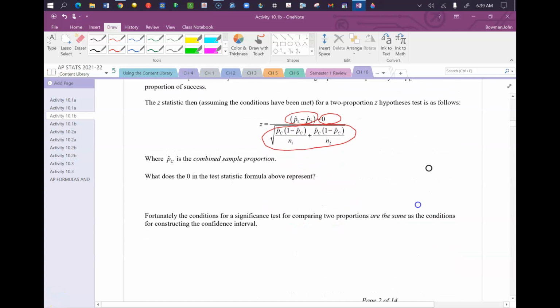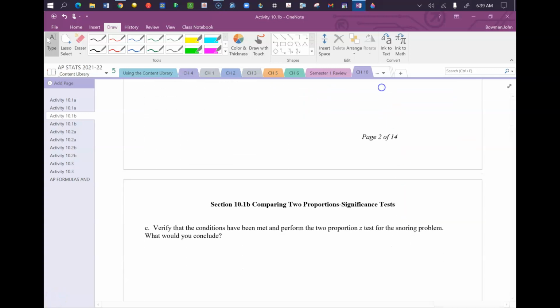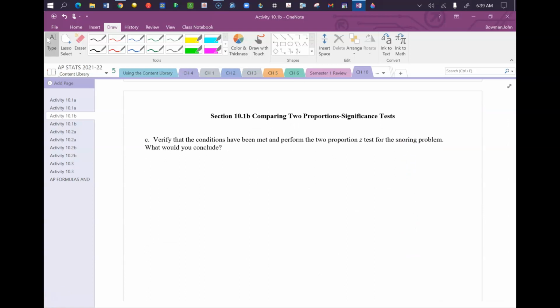As far as the conditions for inference are concerned, for a hypothesis test for the difference of two proportions, they're the same as the conditions for the confidence interval. So let's take a look at verifying the conditions.